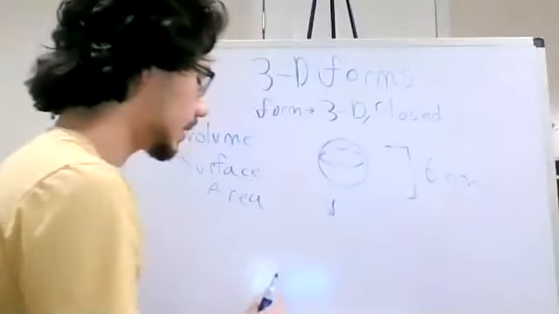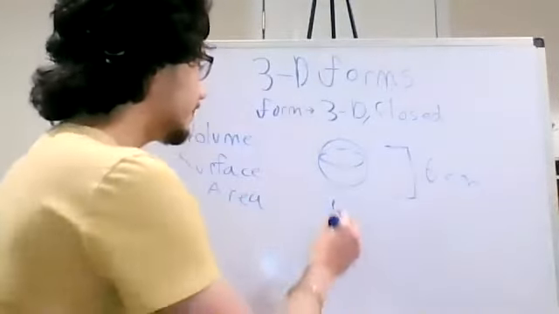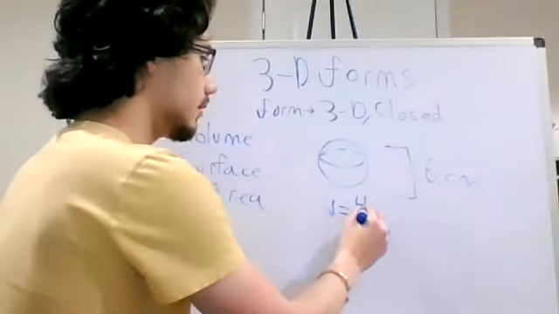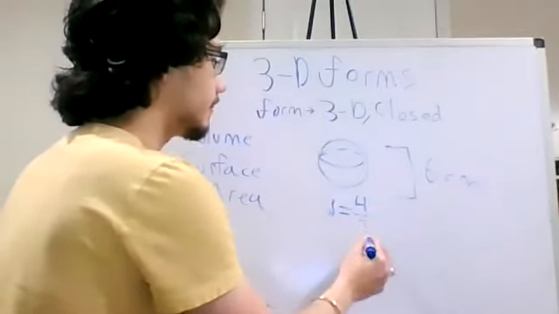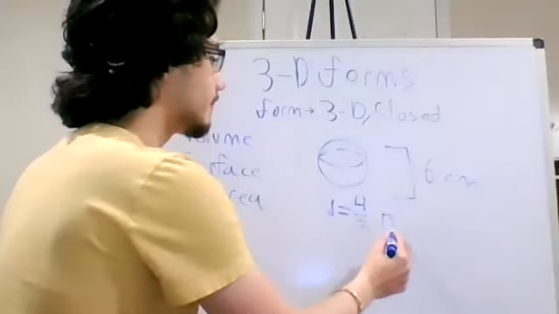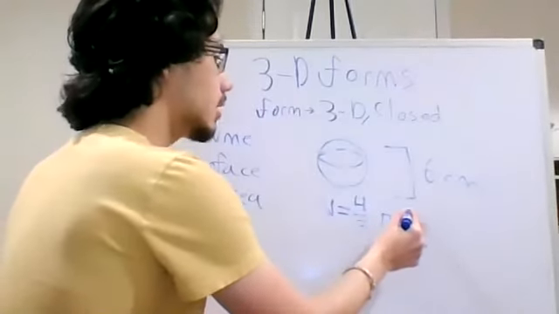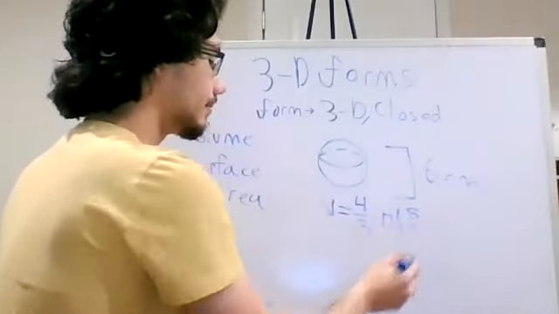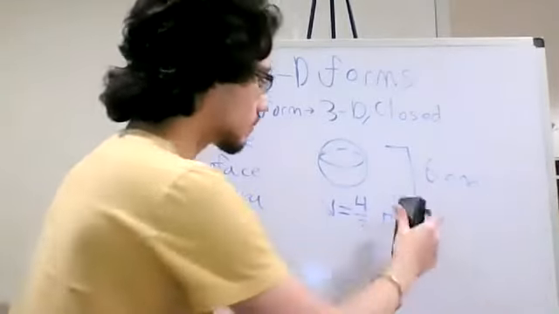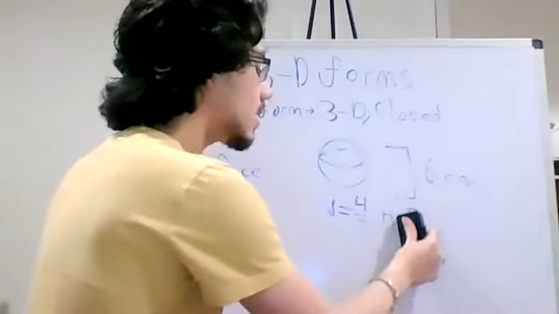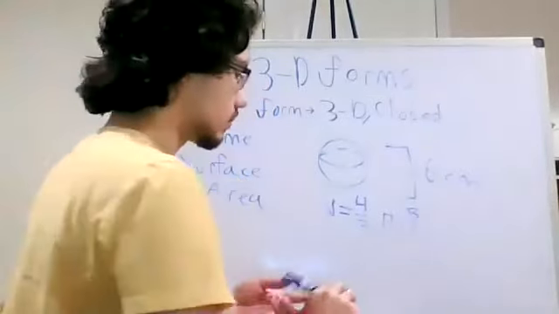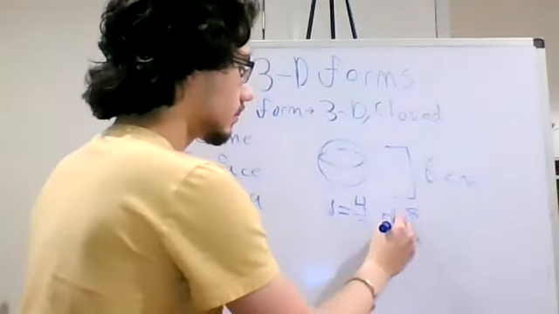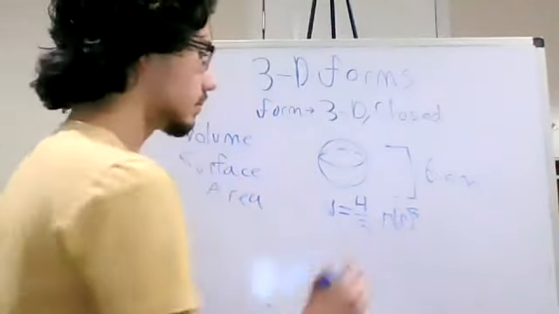Okay. So, if we remember, volume is 4/3 pi r cubed. Mr. Deo-chan, what is r? Radius, sir.